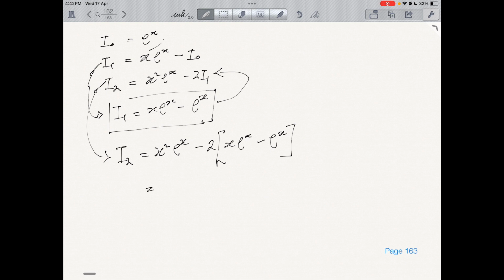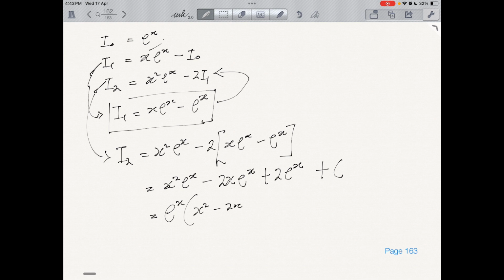This will give us x squared exponential x minus 2x exponential x plus 2 exponential x. Factorizing with exponential x, and remembering that we are going to add plus c as the constant of integration, we have exponential x times x squared minus 2x plus 2, plus c.